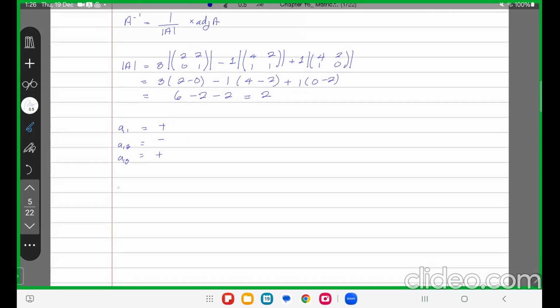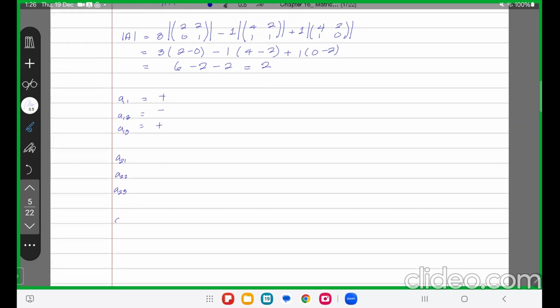Second row, third row, this is negative, positive, negative, sign convention. And for the last row, it's positive, negative, positive.